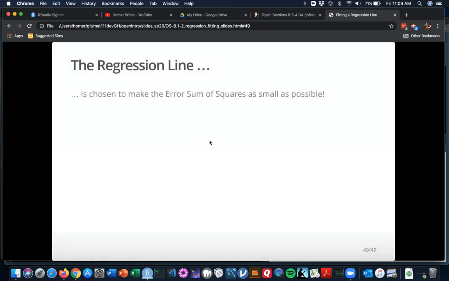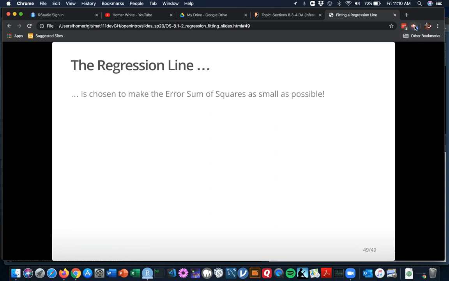The great math fact is that the regression line is the unique line out of all that you could possibly draw that's going to make that error sum of squares as small as possible. No other line you could draw other than that blue regression line would make that error sum of squares smaller. And there's a math way to find that minimizing line. And that's what is given to us by the lm method. So I just thought you might want to know where it does come from.